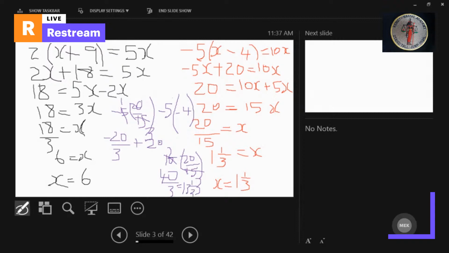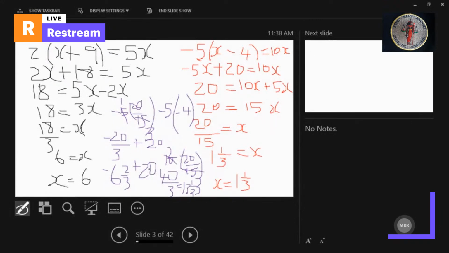All right, so over here we have negative 20 divided by 3. So that's negative 6 and 2/3, plus the 20. And that gives 13 and 1/3.